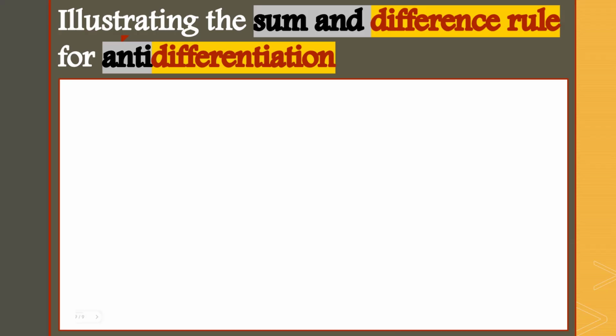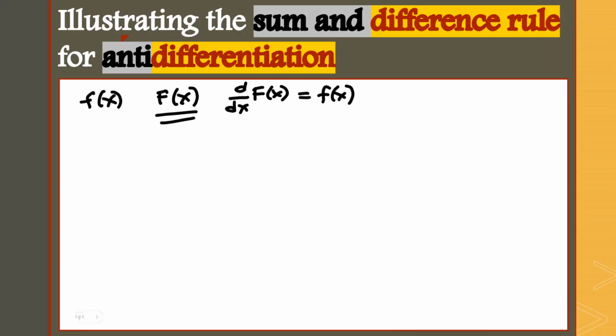Now, let's say we have a function f of x. We know that its capital F of x is an antiderivative if it satisfies the following: the derivative of capital F of x with respect to x returns our f of x. And if that is true, then capital F of x is an antiderivative of f of x.